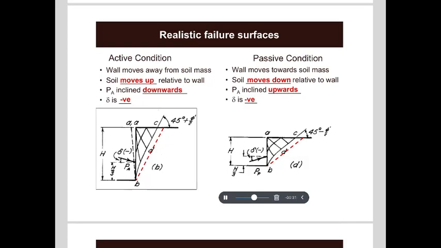If you look at the passive condition, where the wall moves towards the soil mass, then in this case the soil moves down relative to the wall, and the reaction is positive, or what we call inclined outwards. And if you compare the failure surface, it is more like a planar surface, similar to what we have assumed for the Coulomb method.